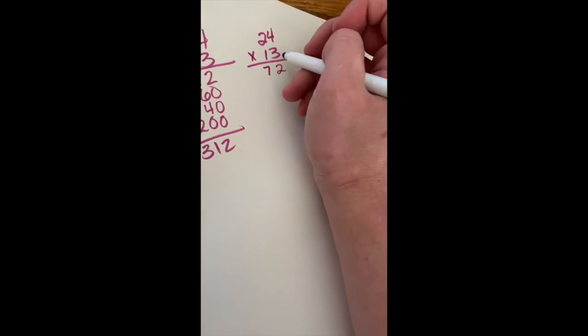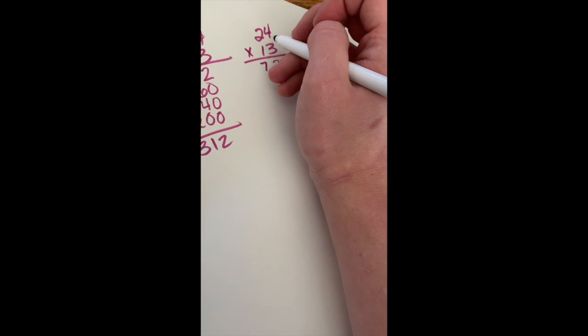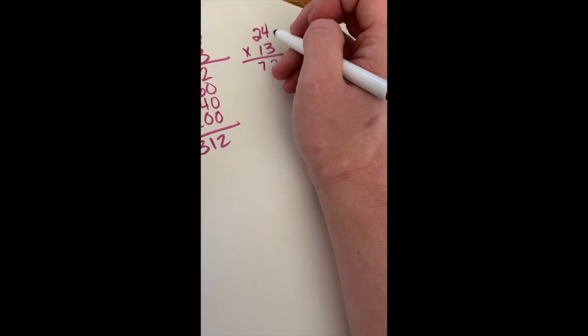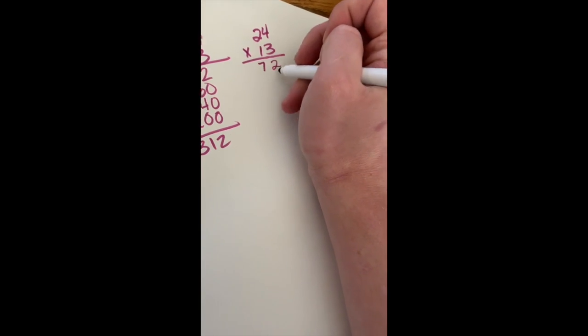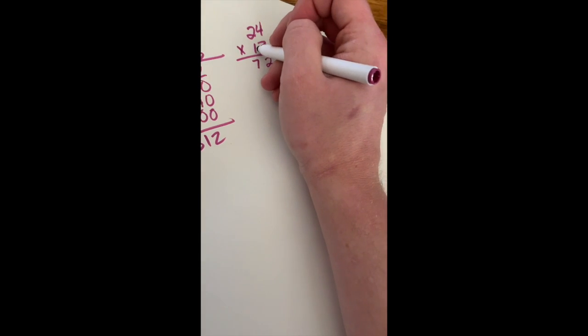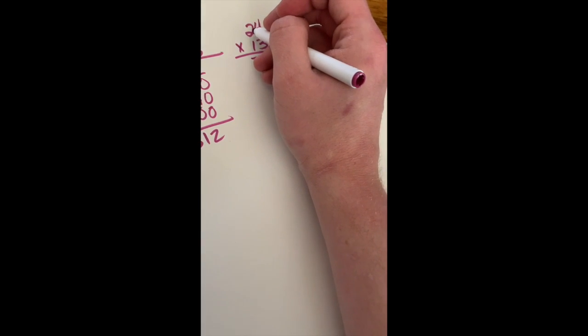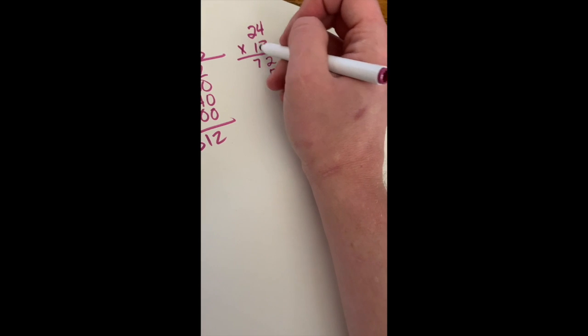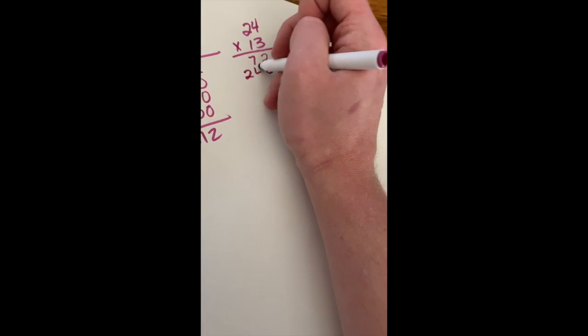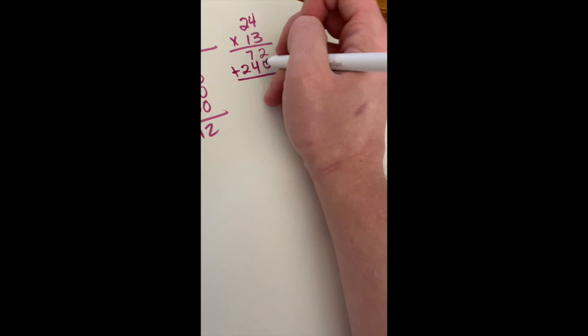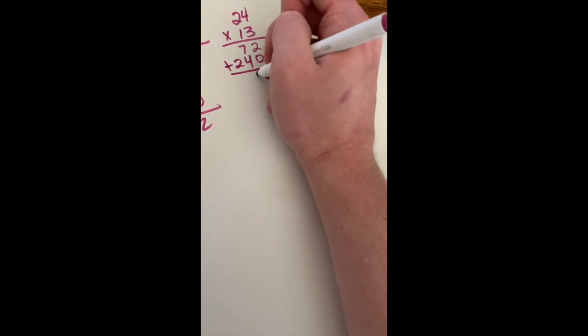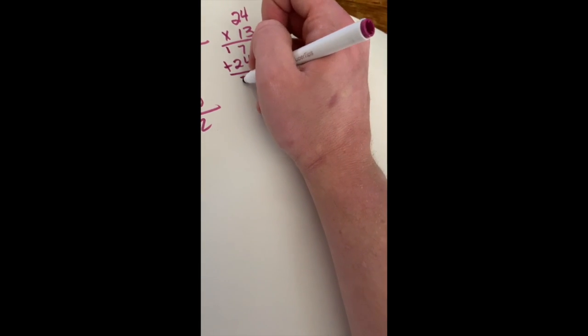Our next step would be 10 times 4, which would be 40. Can't do that, so we add our 0 down here. Then 10 times 20, which would be 200, plus that 40 would be 240. If we add that all up together, that would be 312 as well.